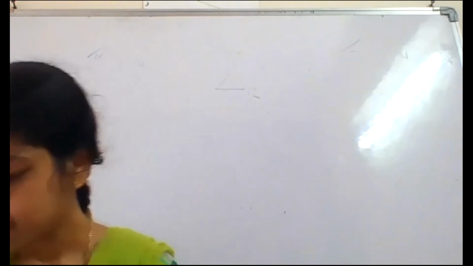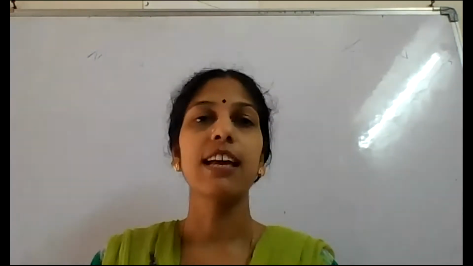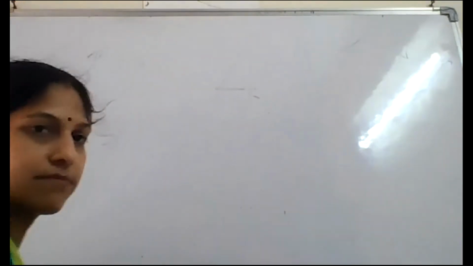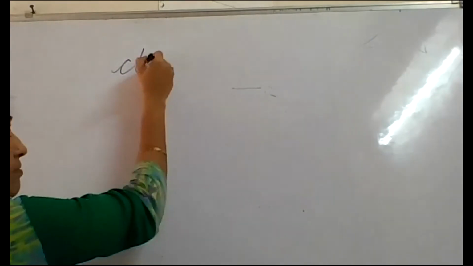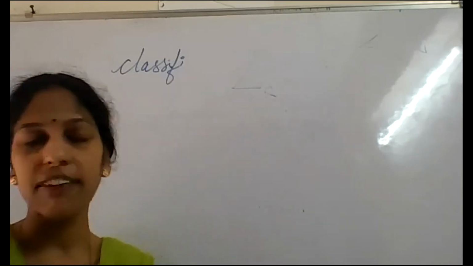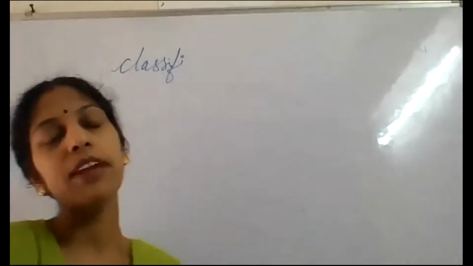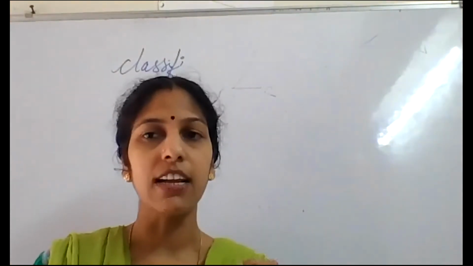Yeah. Now, next one, we are going with the topic of classification of triangles. Ma'am, but what about exercise 11.1? Okay, 11.1 is there, right? Let me explain classification of triangles.